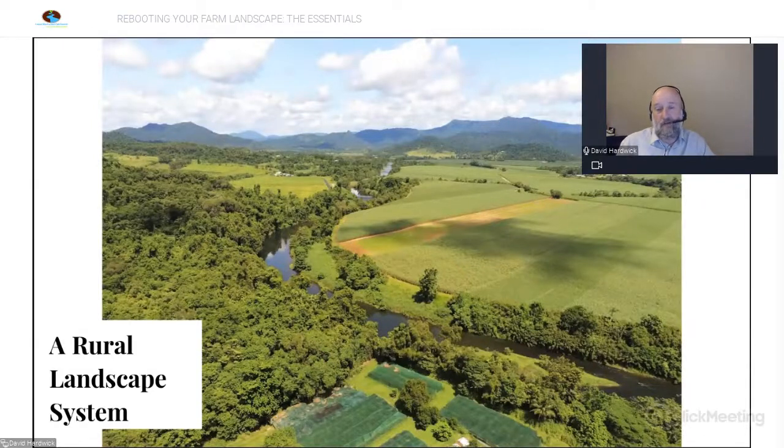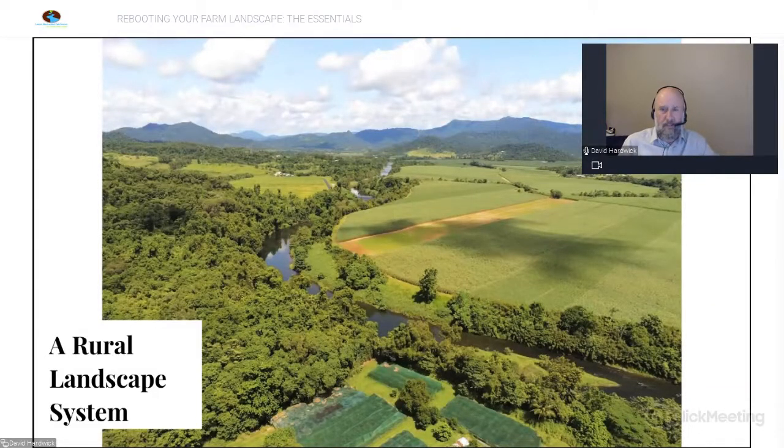So here's a wet tropics rural landscape in far north Queensland. You can see sugarcane is a dominant industry, although if you look carefully at the bottom of the picture, you'll see vanilla, and there are in fact other tropical tree crops scattered through the valley. You've got a river or a creek, Whoopin Creek, coming through the system as well, and you've got areas of natural bush.